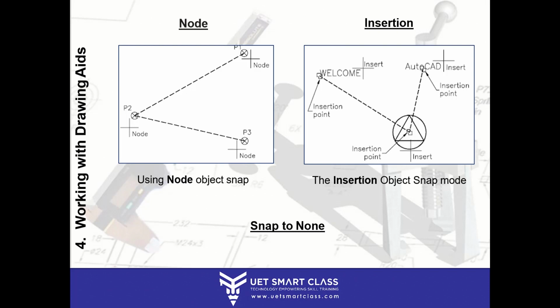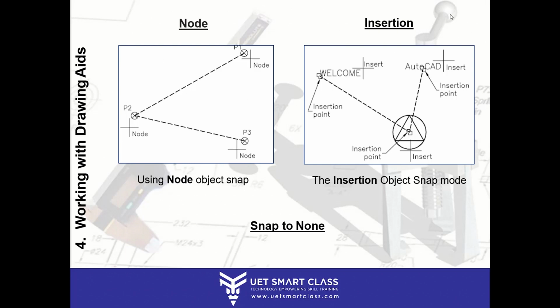Like here we have 3 points, P1, P2, P3. So these are the node points. The dotted lines indicate the proposed line. See, the tooltip is also showing node. This is mostly used when you place points on your screen.